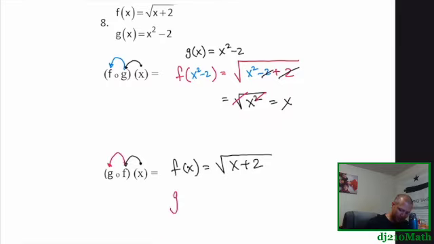So g of x is equal to x squared minus 2. Notice I just took out the x's, because I'm replacing those x's with f of x, in this case the square root of x plus 2.